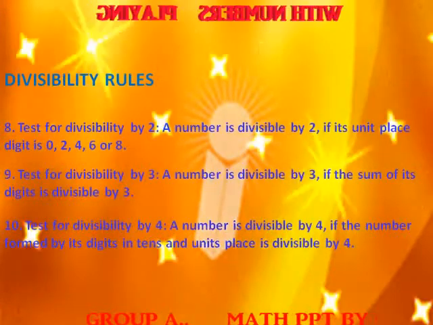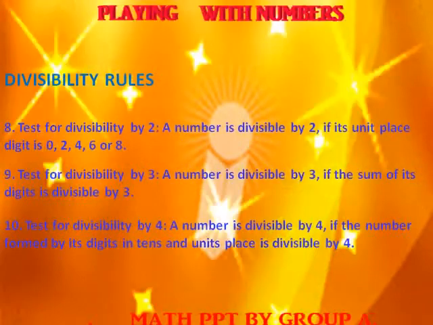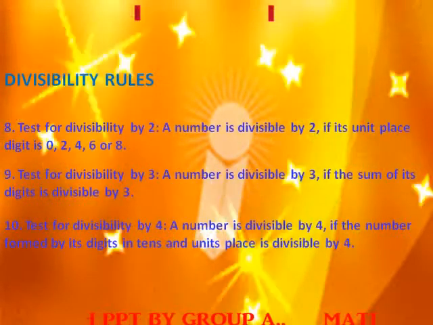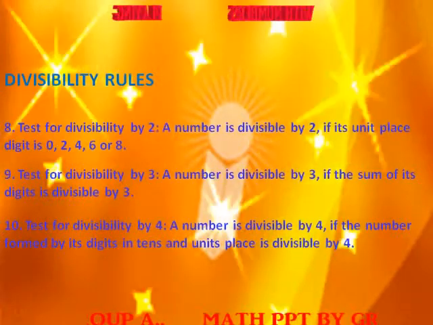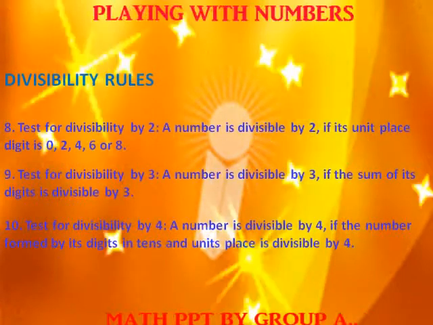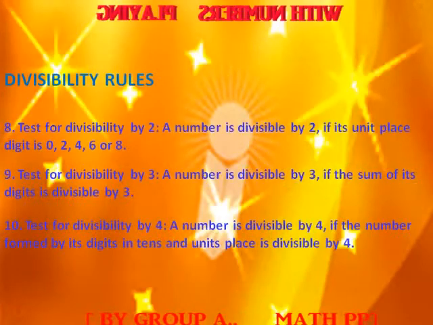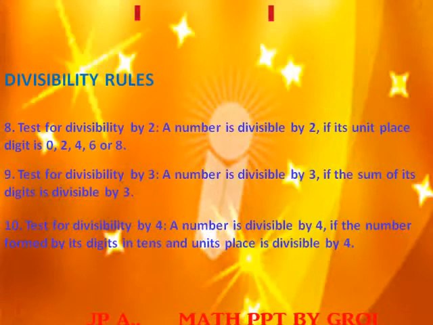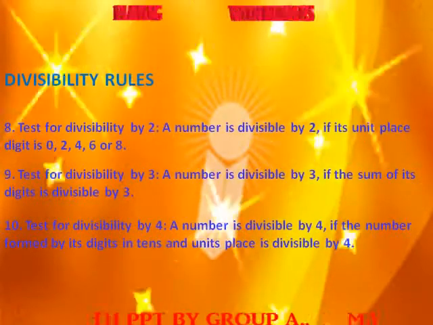Rule for divisibility by 2: a number is divisible by 2 if its units place digit is 0, 2, 4, 6 or 8. 9. Rule for divisibility by 3: a number is divisible by 3 if the sum of its digits is divisible by 3. 10. Rule for divisibility by 4: a number is divisible by 4 if the number formed by its digits in tens and units place is divisible by 4.